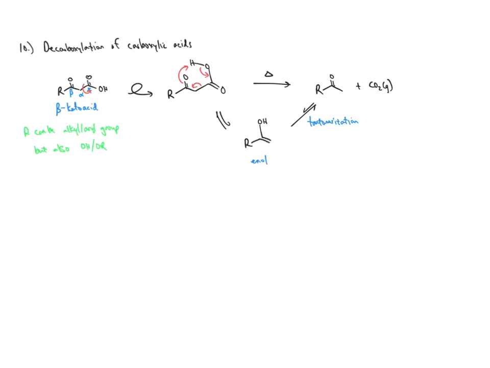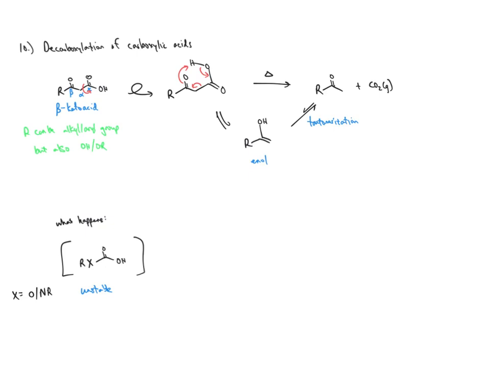Now, what happens if you have the following species? Let's say you had some X group here, and you've got a carboxylic acid like that. We say that these groups are unstable. Right? So X here is equal to an oxygen or some NR group.